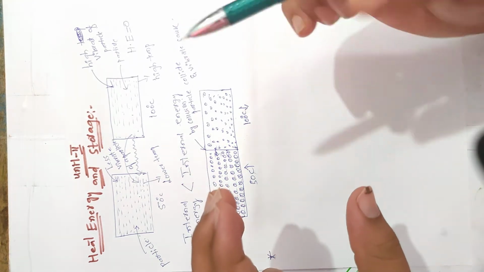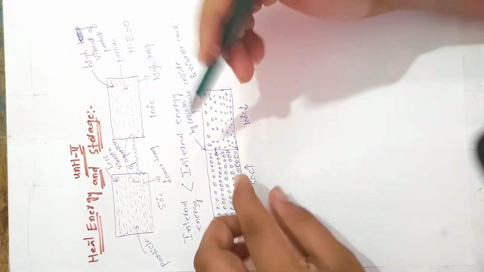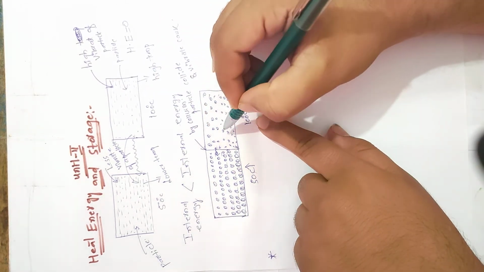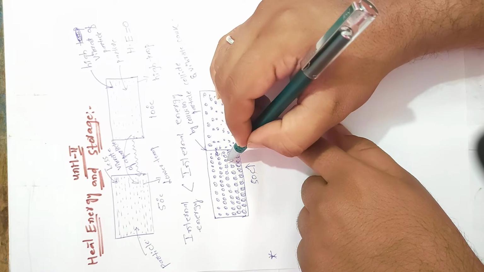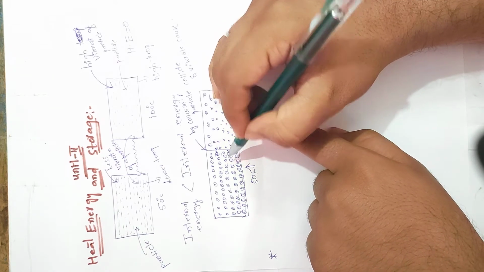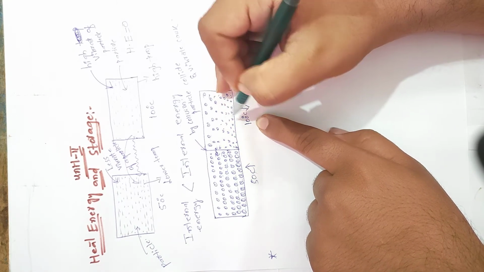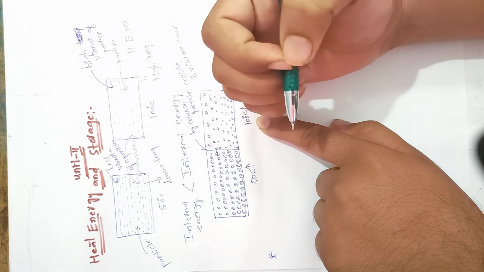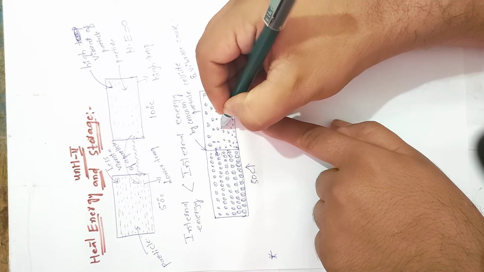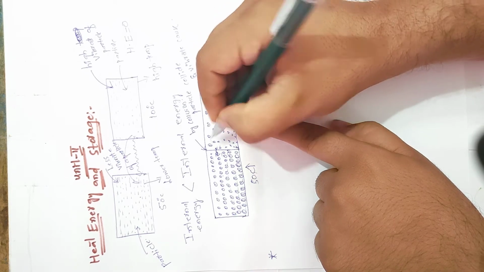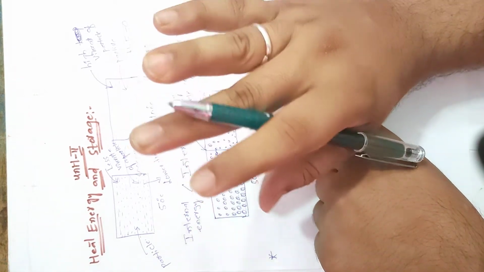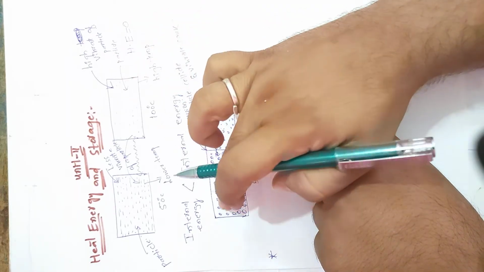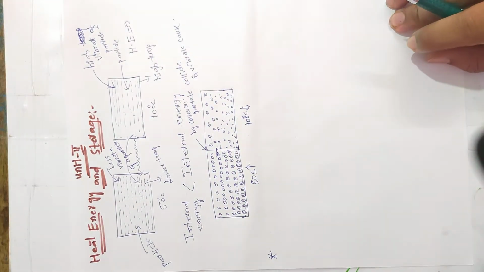If the particle moves, the hot body loses energy, and the cold body gains energy. So heat flows from the hot body to the cold body, but heat will not flow from the cold body to the hot body.